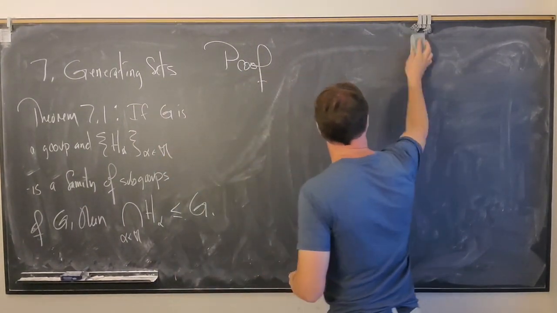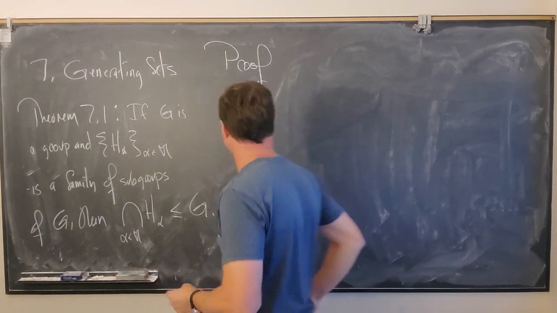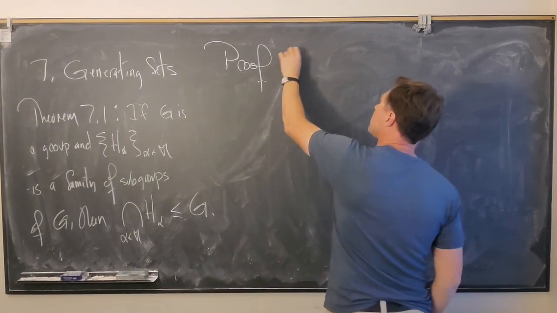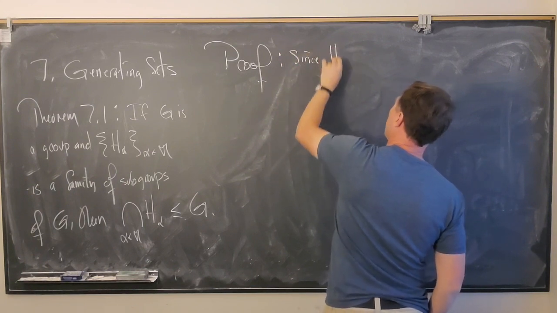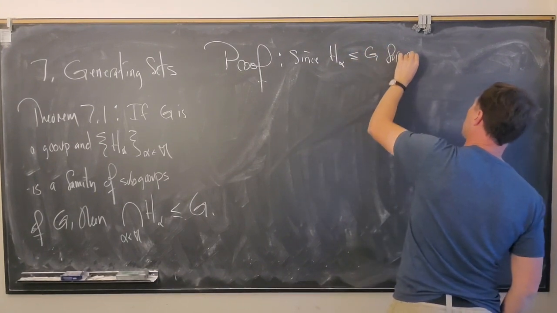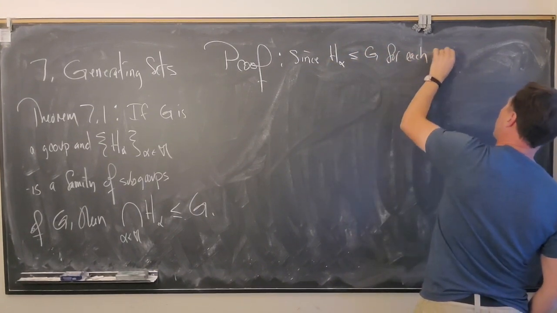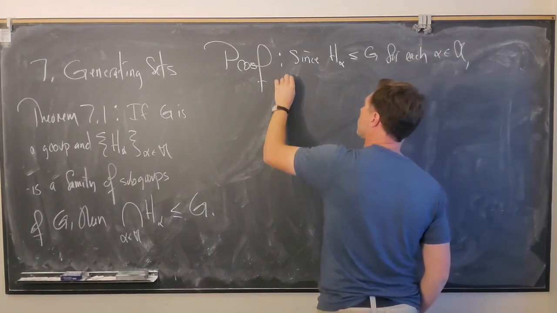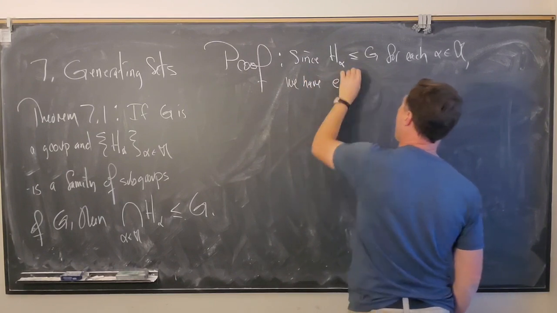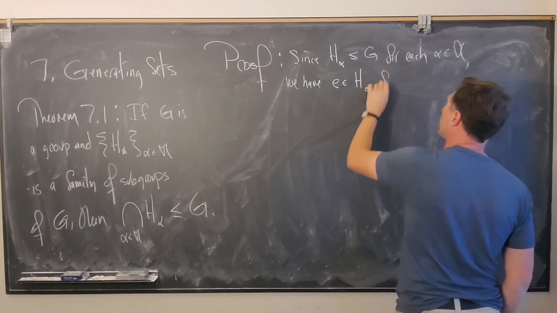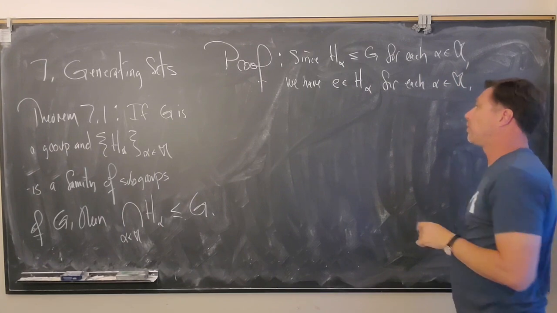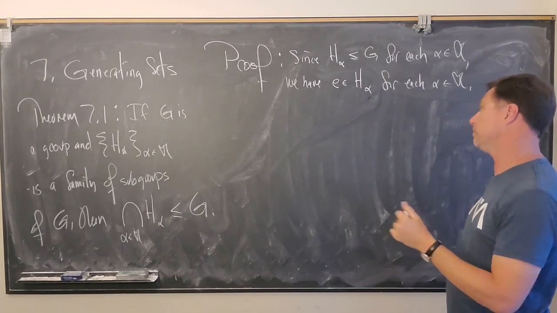So for the proof, I'm going to use the subgroup test. First thing we need to do is make sure that we are non-empty. Since H sub alpha is a subgroup of G for each alpha in script A, we have the identity e is an element of H sub alpha for each alpha in script A. If you're a subgroup, you've got to have the identity.